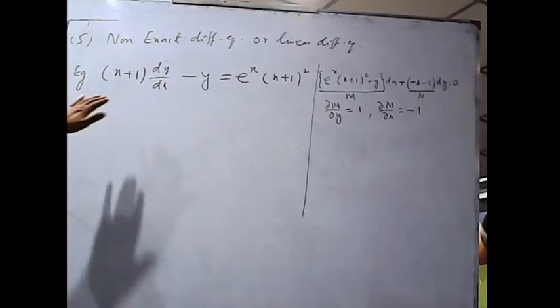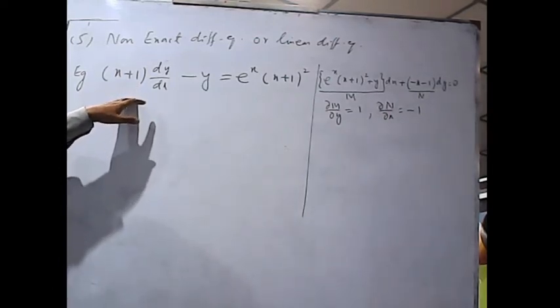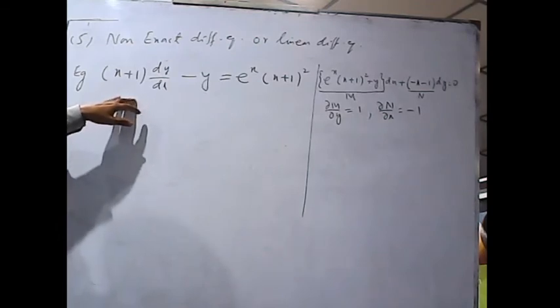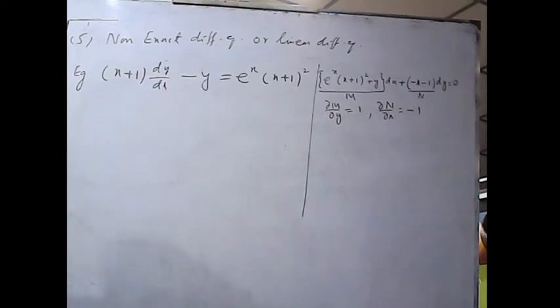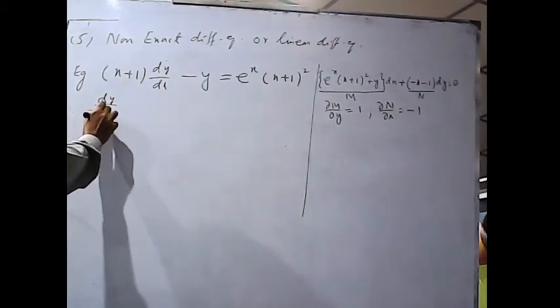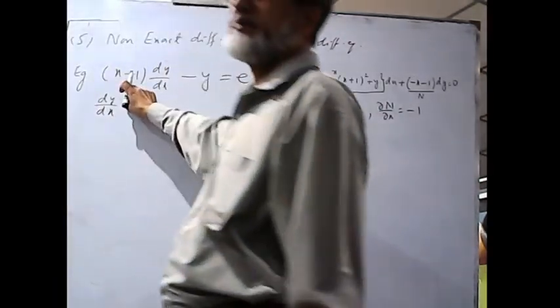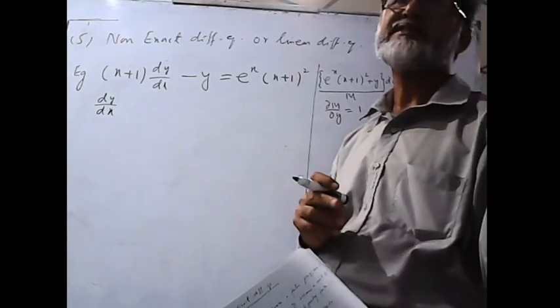Our equation is not in the standard form of linear. First, after multiplying or dividing or just shifting the left or right term, in a single step you can easily write the equation in standard form. The dy by dx term has a multiplier involved, which is not standard.